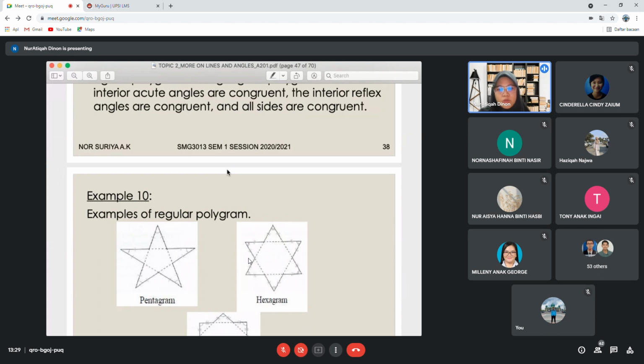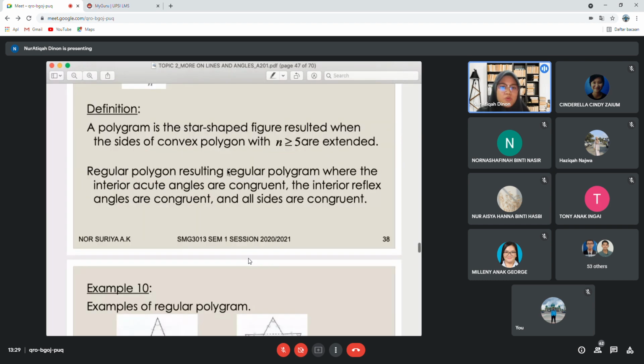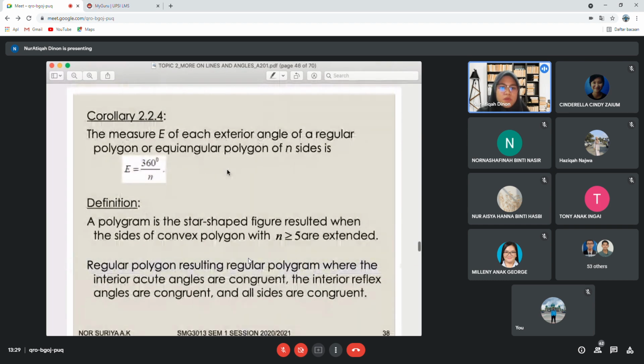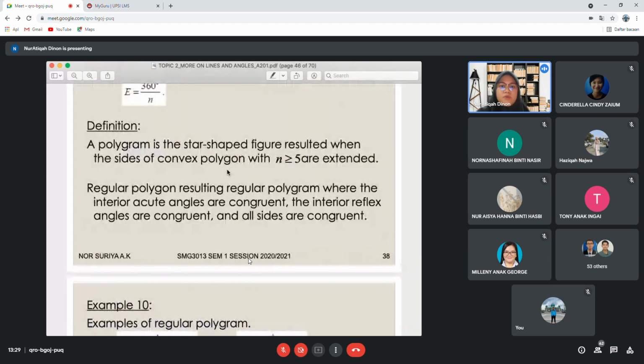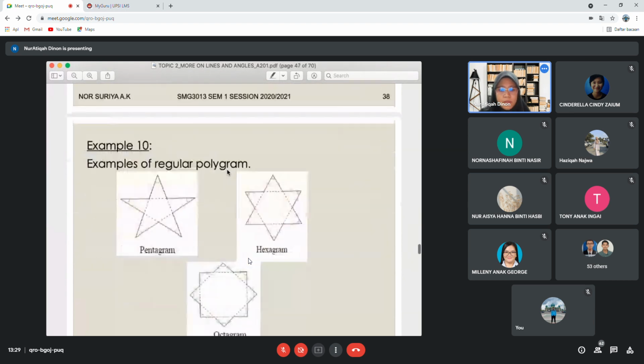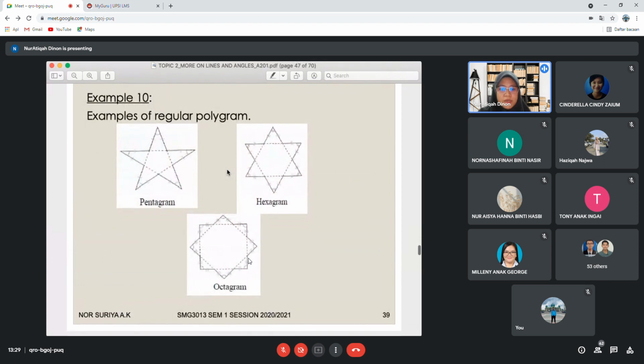And then we have regular polygons, which are both equilateral and equiangular. And also we were introduced to the polygram, a star-shaped figure formed when the sides of a convex polygon are extended. So I think it's quite clear up until now.